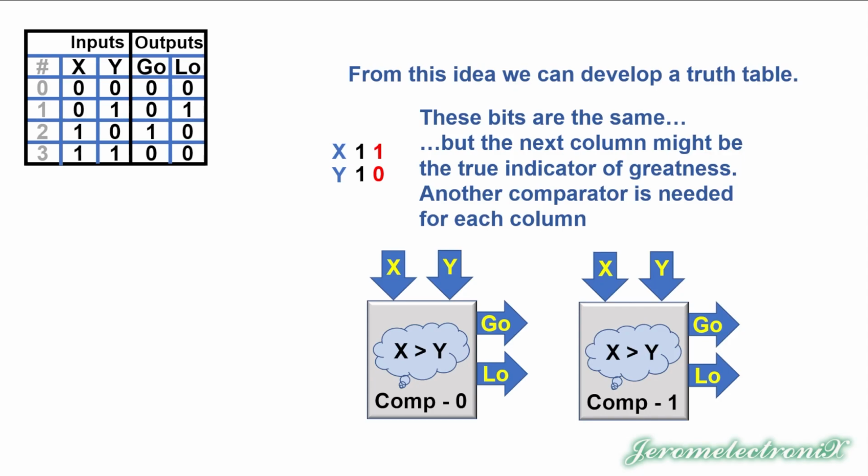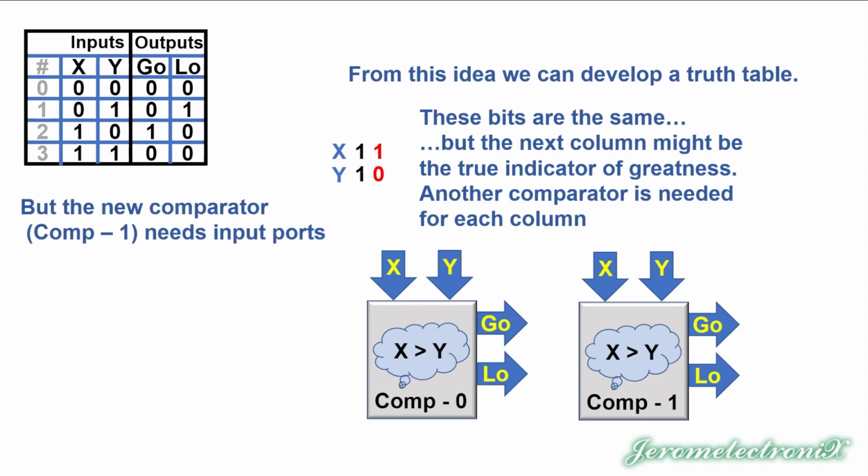that tells us that we're actually going to need to change these comparators, because the new comparator is going to need to know whether or not the previous comparator found the result to be greater or less than, or didn't find results at all.